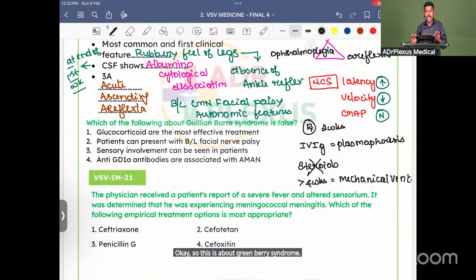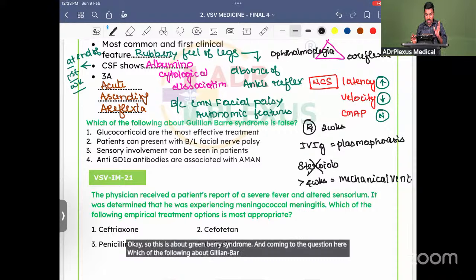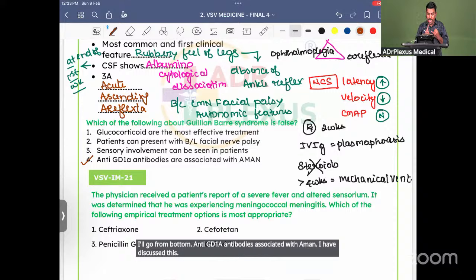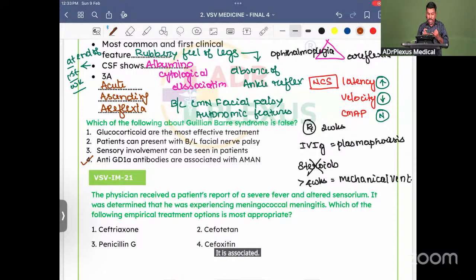And coming to the question here, which of the following about Guillain-Barré syndrome is false? I'll go from the bottom. Anti-GD1A antibody is associated with AMAN. I have discussed this. It is associated. Sensory involvement can be seen in the patient.